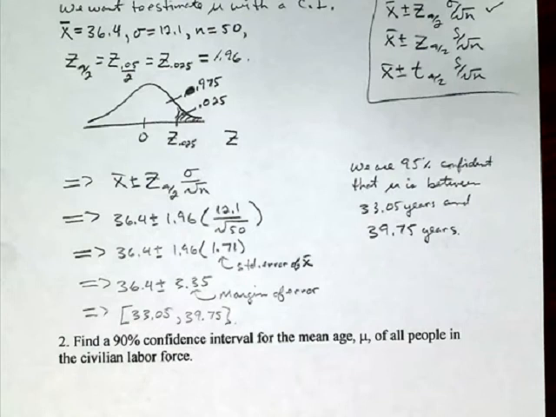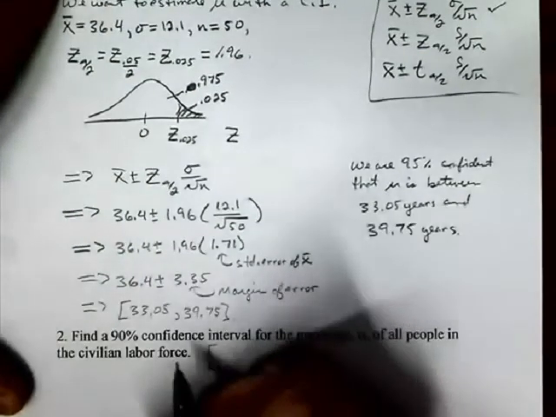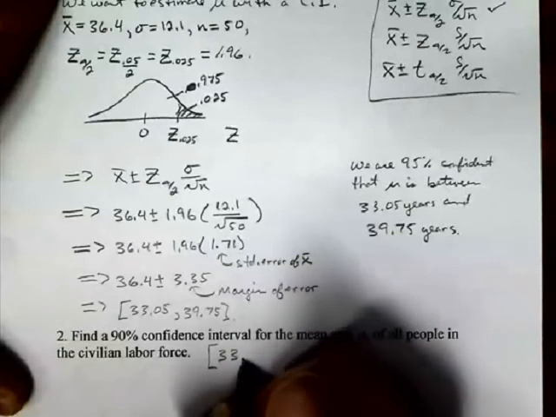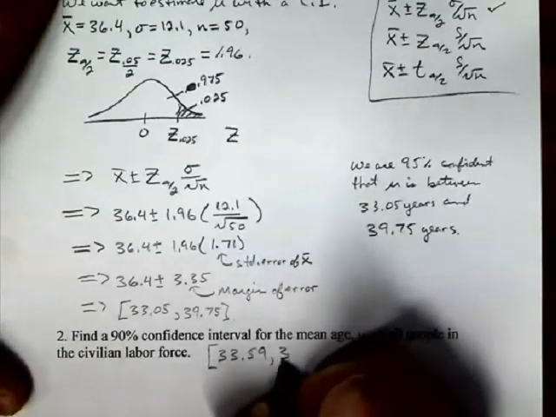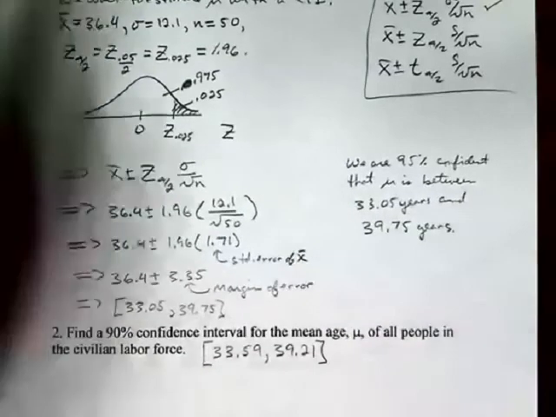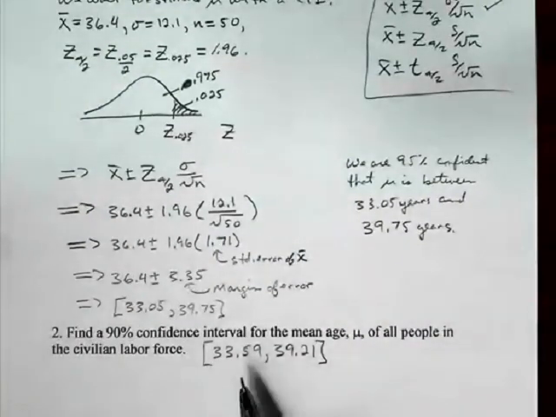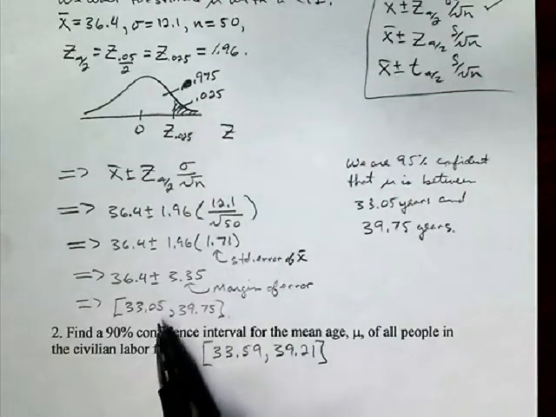Well, what if we just did a 90% confidence interval for mu using the same sample information as before? Now, I'm not going to go through the whole problem, but if you crank through it, you'll get 33.59, comma, 39.21. And so what we see is this interval is actually a little more narrow than this interval.